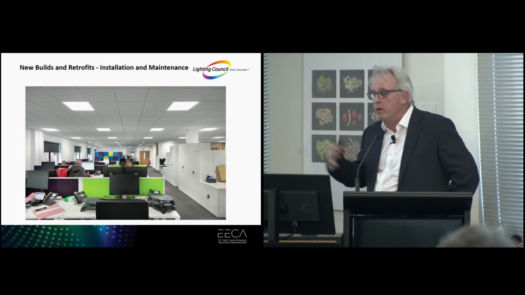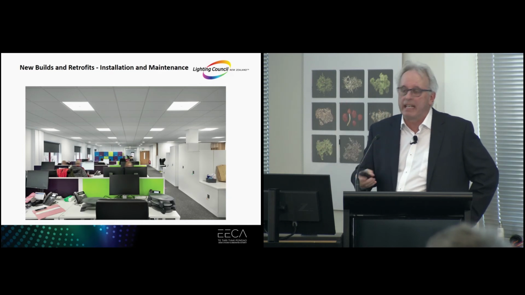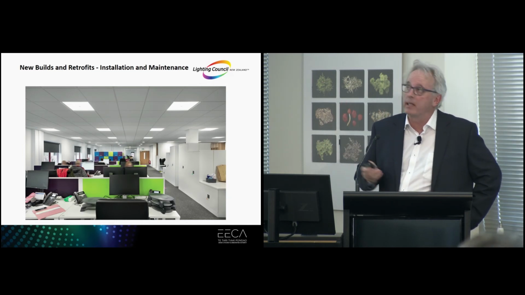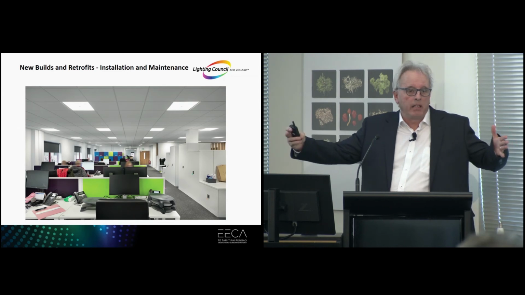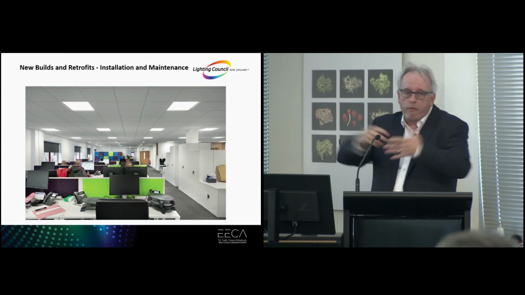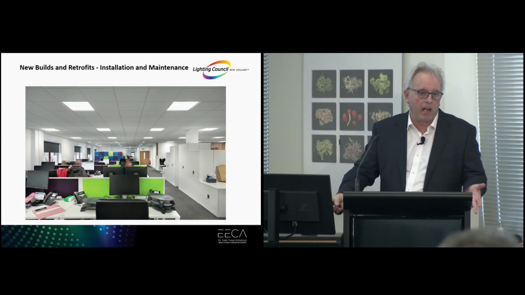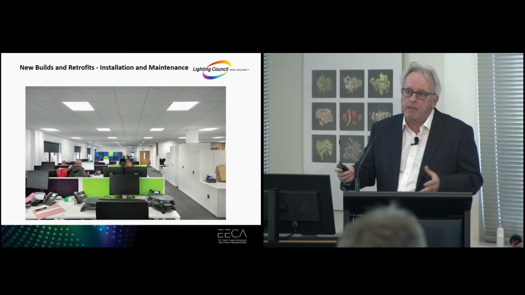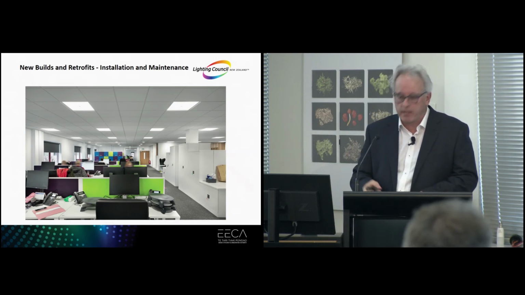If you're doing a big retrofit or a big rewire and you're changing the ceiling, think about changing your ceiling tiles and using a smaller light fitting. We needed a big light fitting, 1200 by 600, with 3 or 4 fluorescent tubes in it to have enough light to light our office. We don't need a light fitting that big anymore to provide that amount of light.